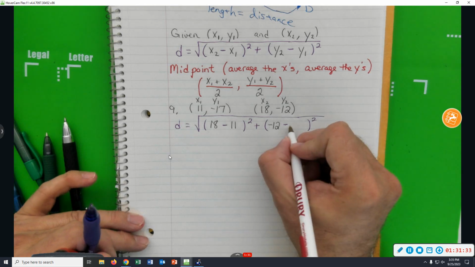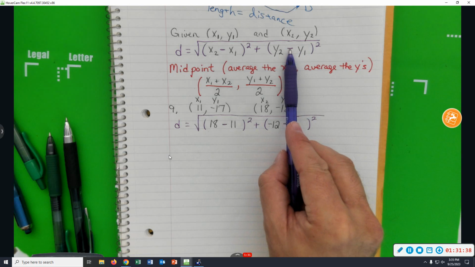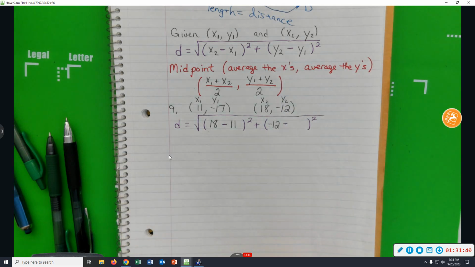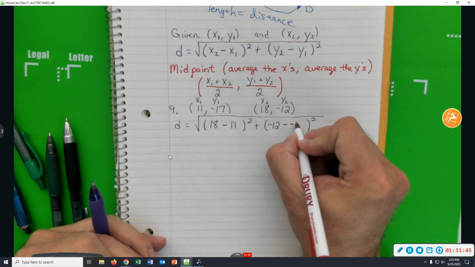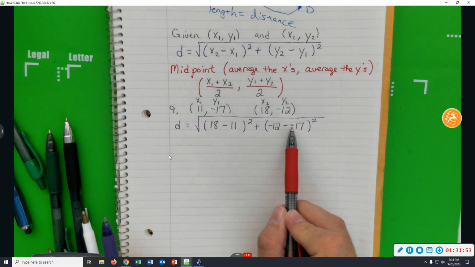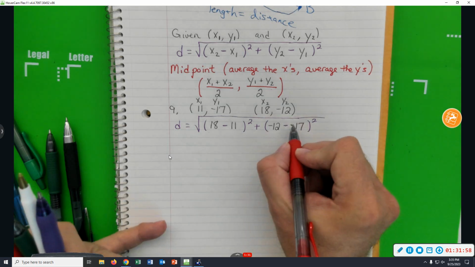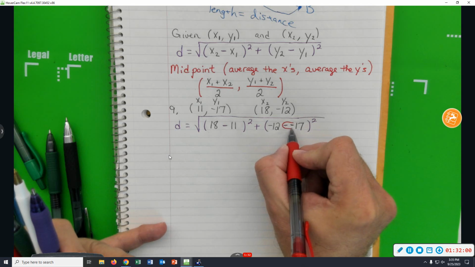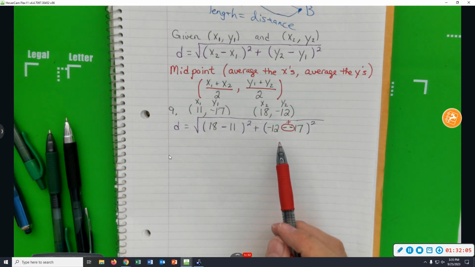Be very careful. This purple minus is in the formula. The black minus I'm about to write is from the negative 17. As I look at that, it all looks black to me. What's about to happen right here with this minus and negative? It's going to have to become a plus. Y'all see why I'm changing it to plus?